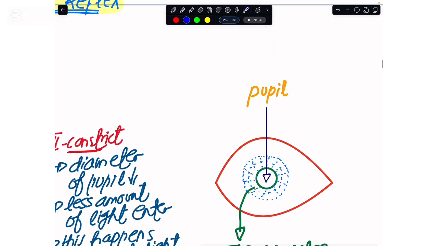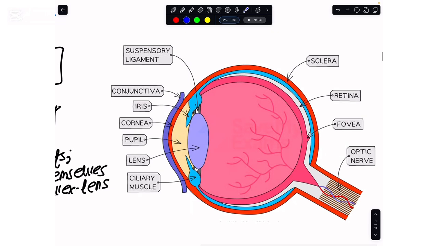If I show you another diagram, in the eye we have the choroid, here we have the ciliary body, and here we have the iris coming up. The iris has a central opening, and this is the pupil. We will now see how the iris muscles regulate the size or diameter of this pupil.